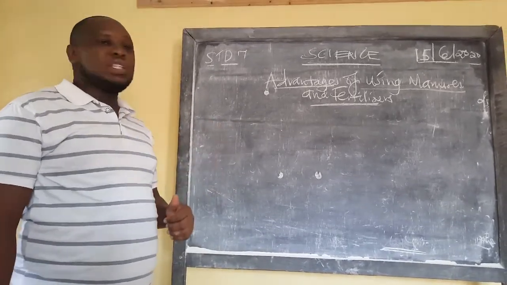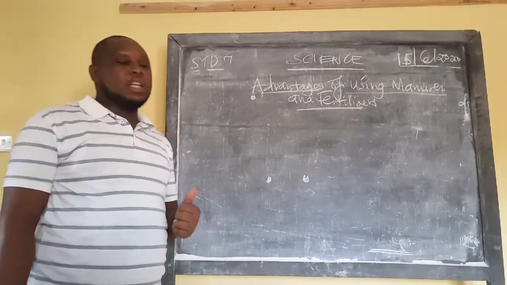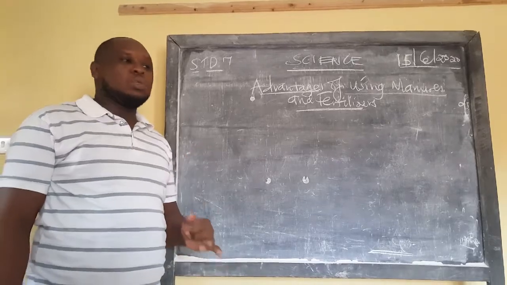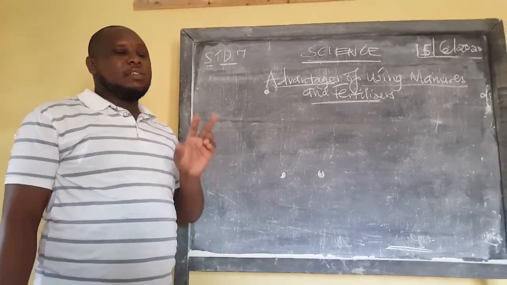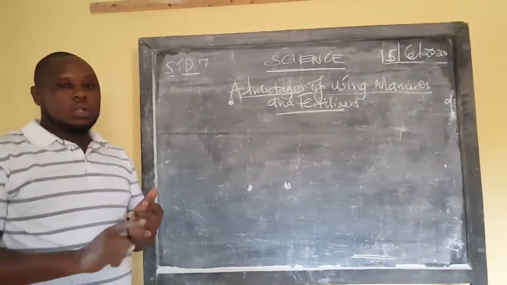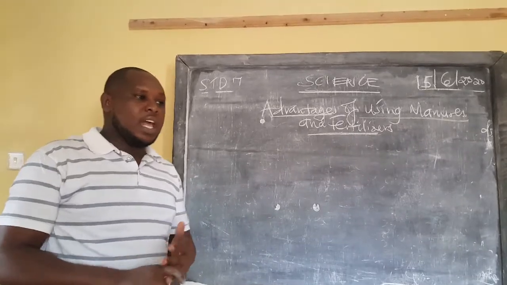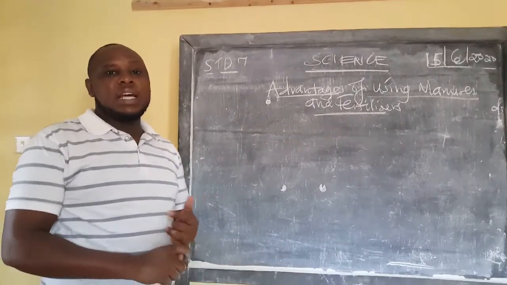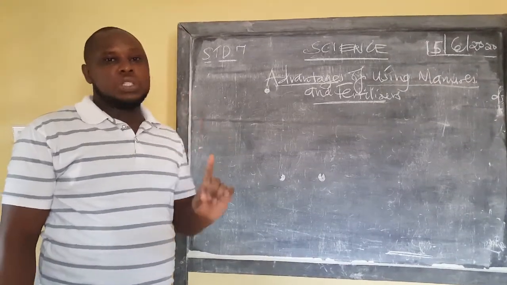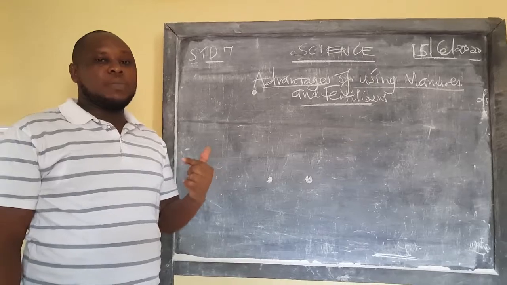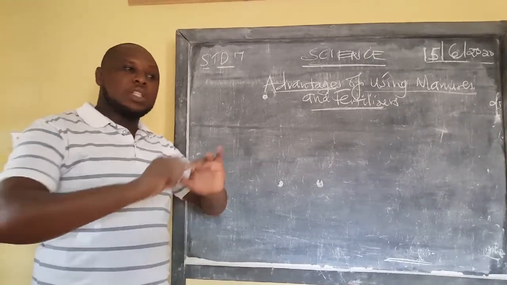Then from there we went to inorganic fertilizers, the ones that are made in the industries where chemicals are used. We talked about them being divided into two: straight fertilizers and compound fertilizers, or mixed fertilizers. We saw that straight fertilizers are called straight because they have one macronutrient. Remember when we were starting the lessons, we said we have both macronutrients and micronutrients, depending on what the plants require.